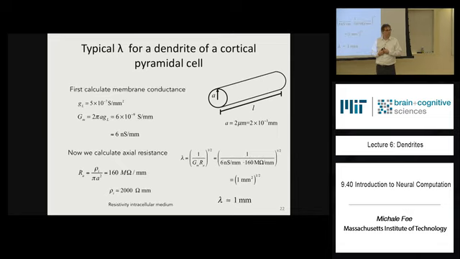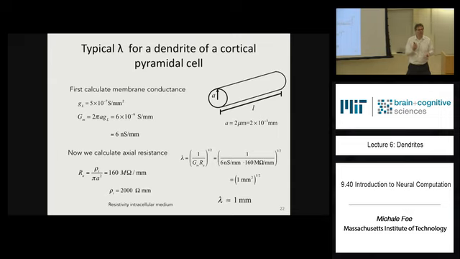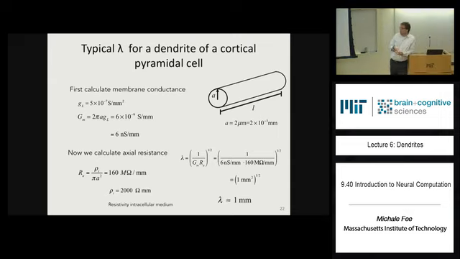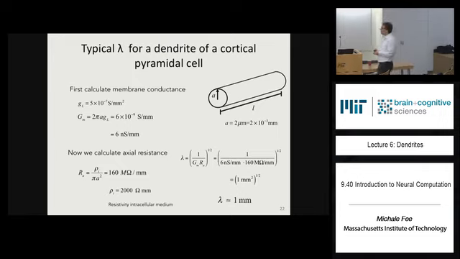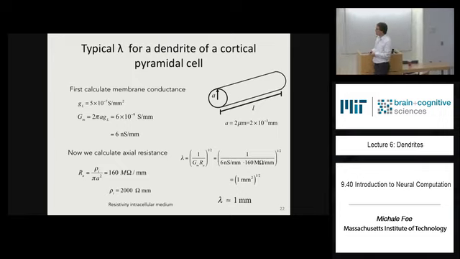And that's how you can have dendrites that are up in the range of close to 1 millimeter, and they still are able to conduct a signal from synaptic inputs out onto the dendrite down to the soma. Okay, so a millimeter is a typical length scale for how far signals propagate.